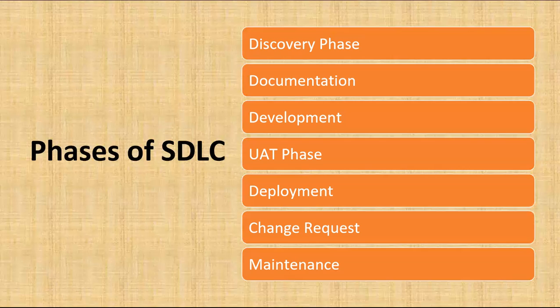What are the documents the BA creates? In the discovery phase and the requirement gathering phase, as per the client and the company, they have some standards. For picking the right process for automation, he will create some document or Excel template.